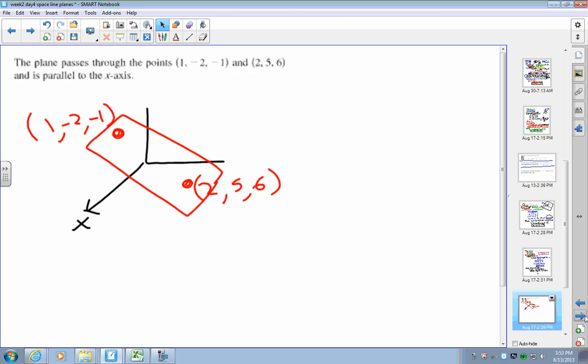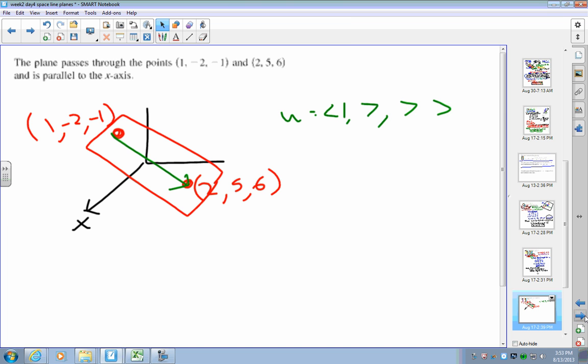I'm not reading much into the problem yet, but I'm going to go get a vector out of this. Let's see. 2 minus 1 is 1. 5 minus -2 is 7. 6, that is also a 7. Okay, I got one vector. Now, the whole idea on this problem is it says the plane goes through those 2 points. Boom, I already got a vector. This, sorry, looks like a 4, but it is vector 1, 7, 7.